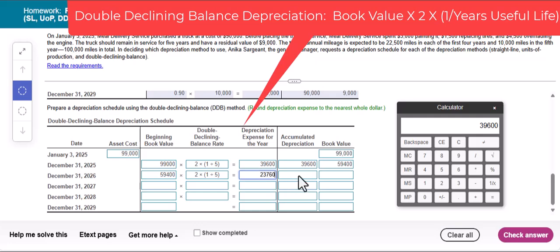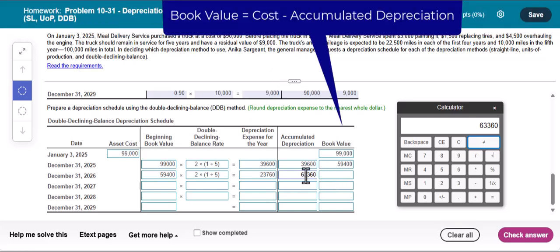And then the accumulated depreciation is just going to be the previous depreciation plus the new depreciation here. So that's going to be 39,600 plus 23,760. And that equals 63,360. Tongue twister there. And then that new book value, we just subtract again the 63,360 from 99,000.